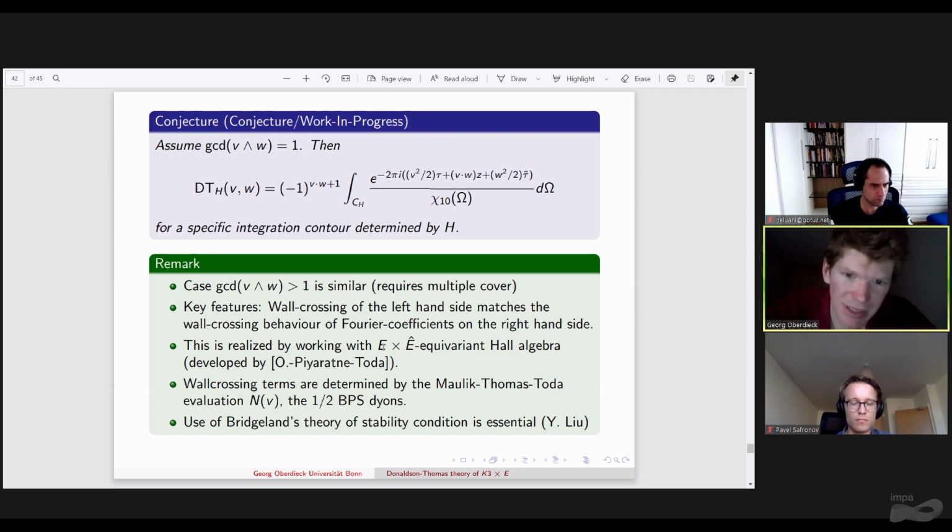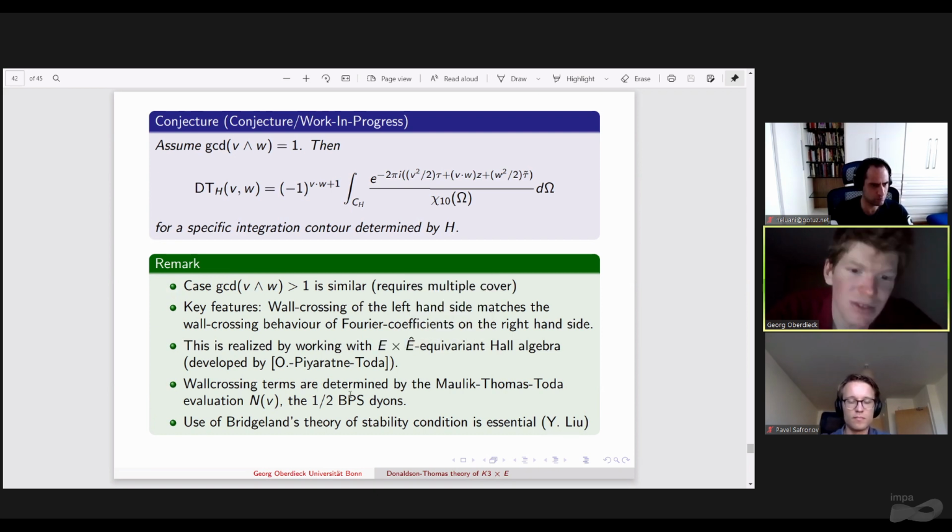And so this E times E-hat equivariant Hall algebra really explains this feature that you have these quarter BPS states and these half BPS states. So the quarter BPS states come from sheaves which have finite stabilizer under this action of E times E-hat, and then what are called the half BPS states come from sheaves which have a one-dimensional stabilizer under this action.